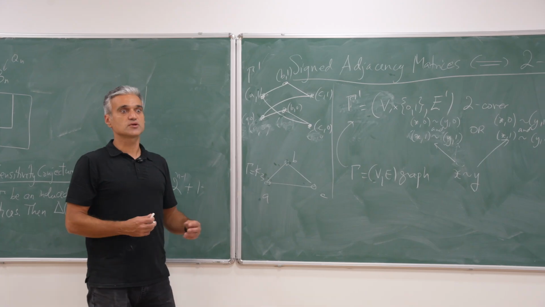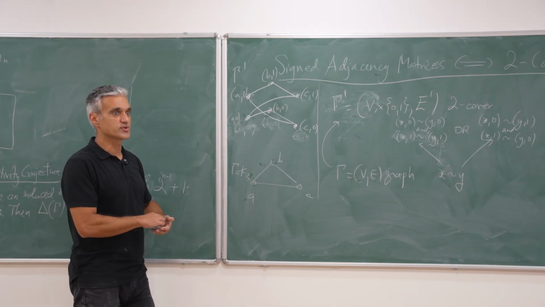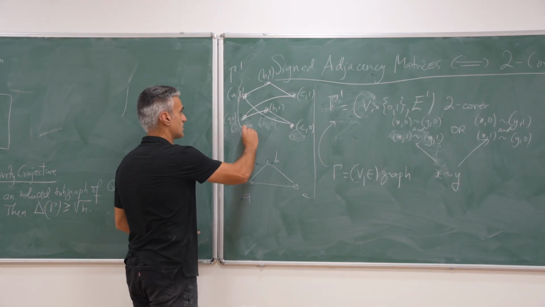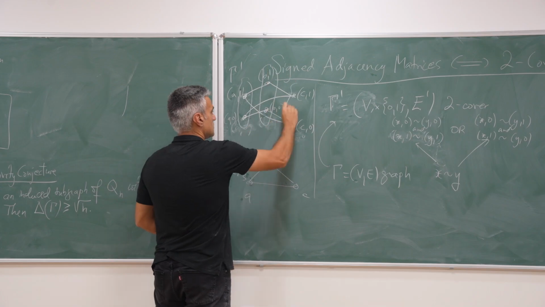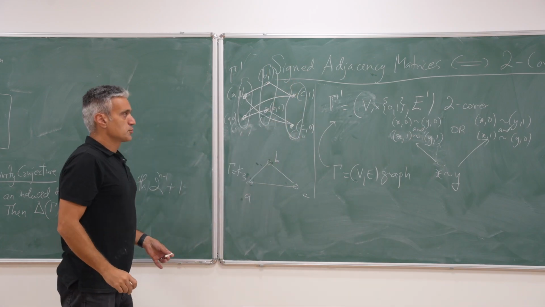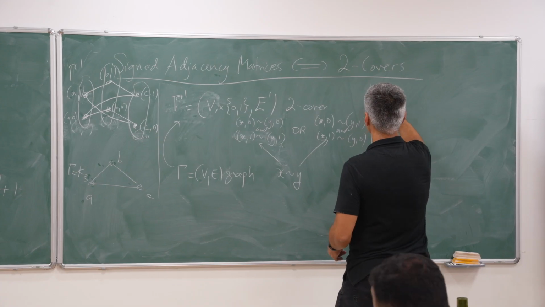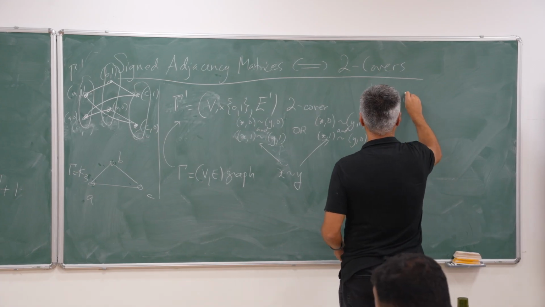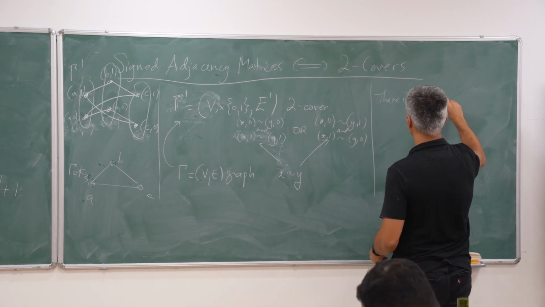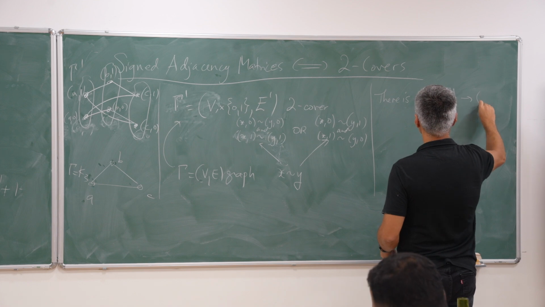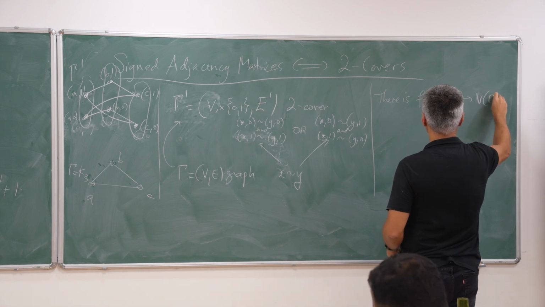Now, why is it called a 2-cover? I draw them like this to show you why it is a cover. There is a function f from the vertex set of this 2-cover to the vertex set of the graph itself.